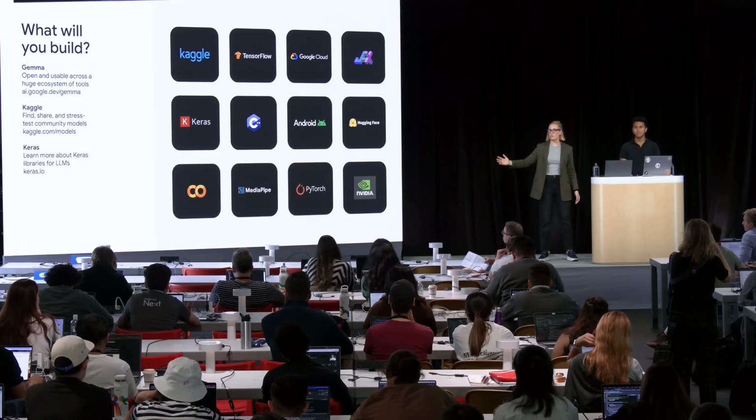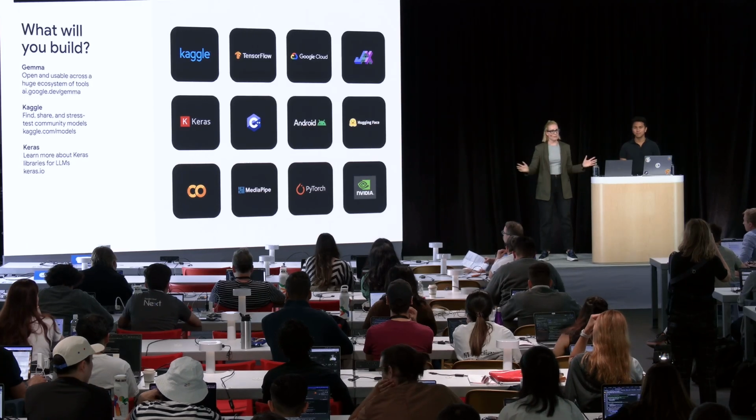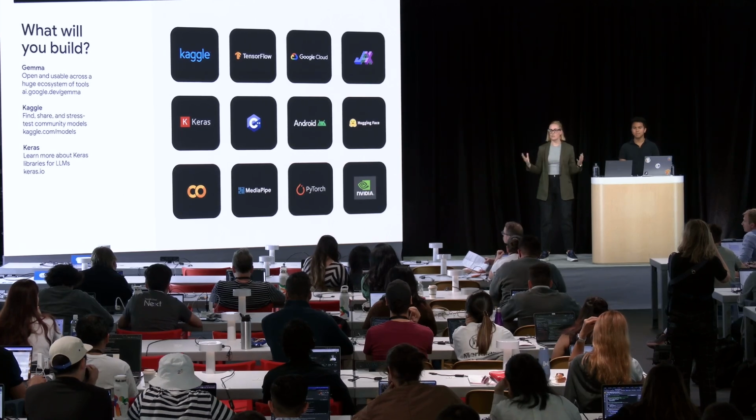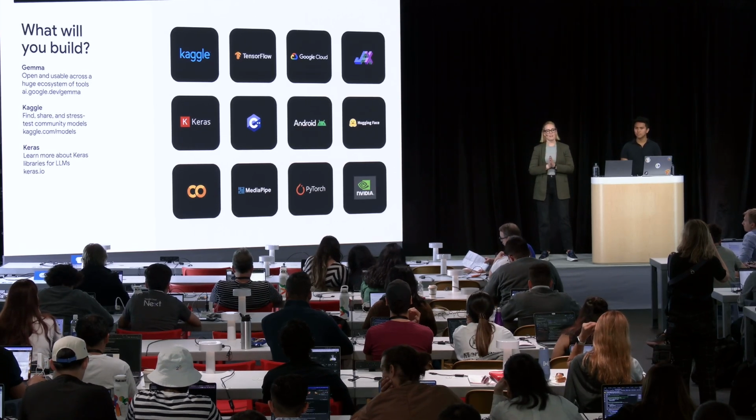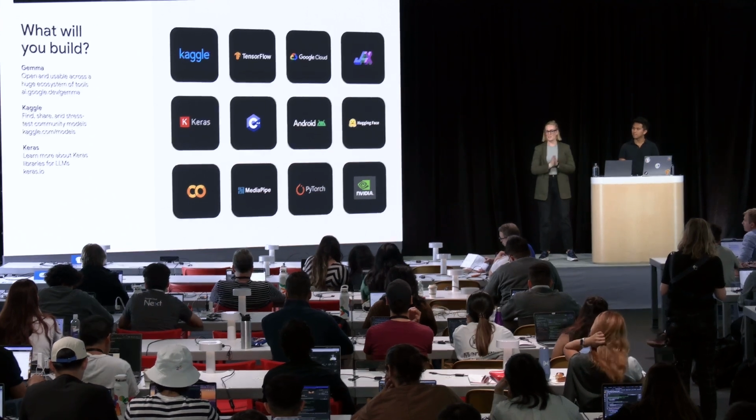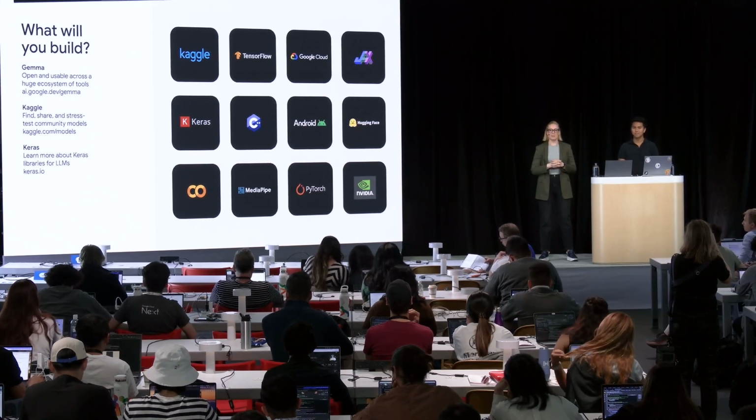But the good news is that each of these is open, usable and extensible in a broader ecosystem too. So there are even more things that you can build, whether it's Gemma and all of its integrations with the ecosystem, Kaggle and all of its resources and competitions that you can take advantage of, and then lots of resources for Keras, so more models beyond just Gemma. We're excited to see what you build with all of it.